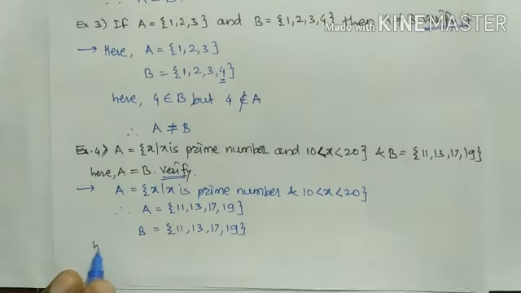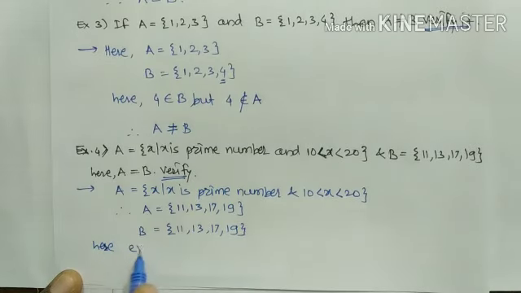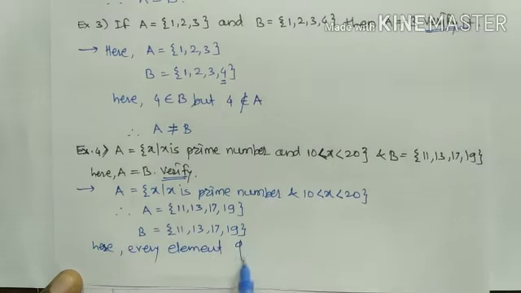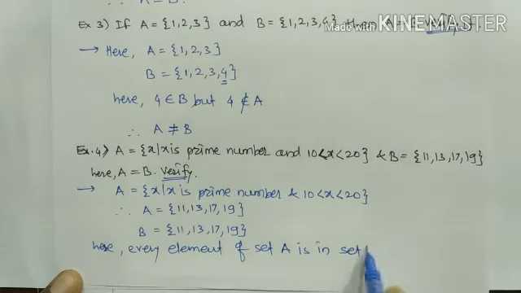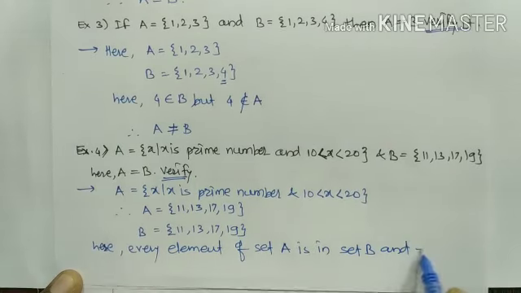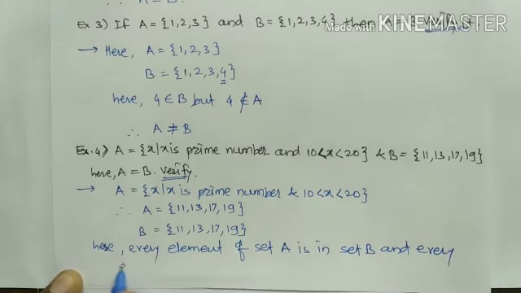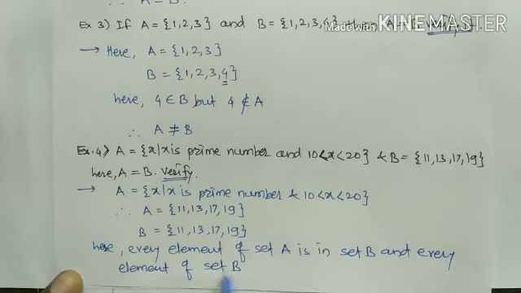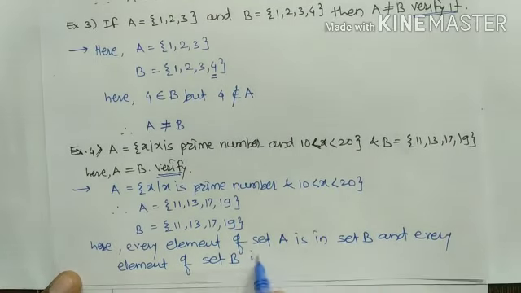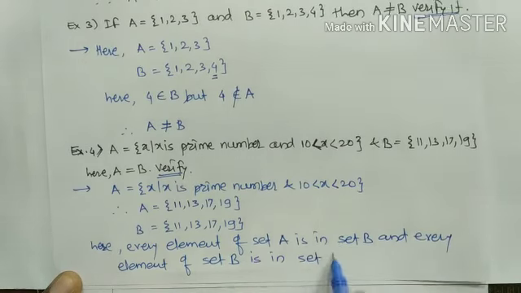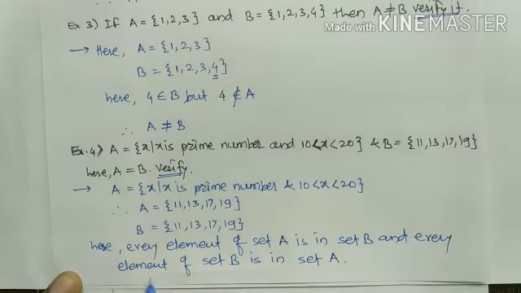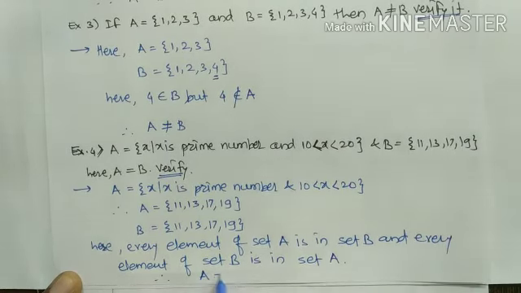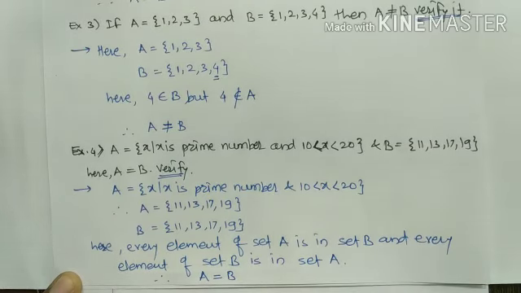Here every element of set A is in set B and every element of set B is in set A, and therefore set A and B are the equal sets.